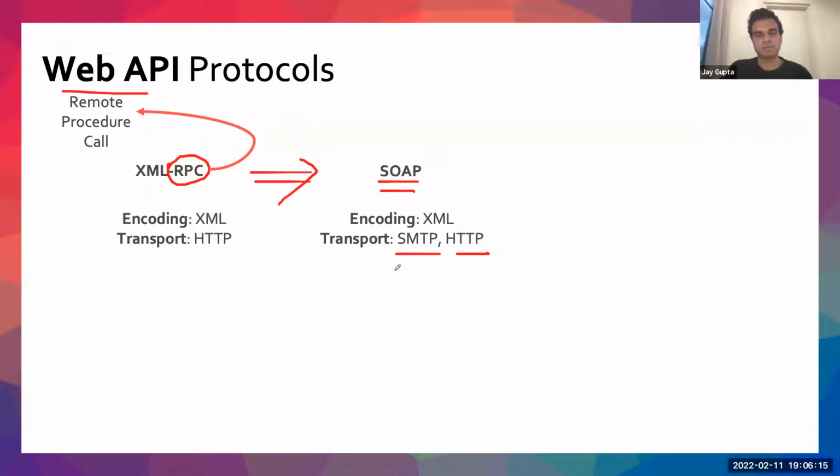For example, SAP is a company which makes enterprise software, and in SAP they used to have a lot of SOAP APIs, which were used to basically build APIs. So these two are the ones which are no longer actively used. They are not popular now. They used to be popular before, but now we have newer formats which work much better.